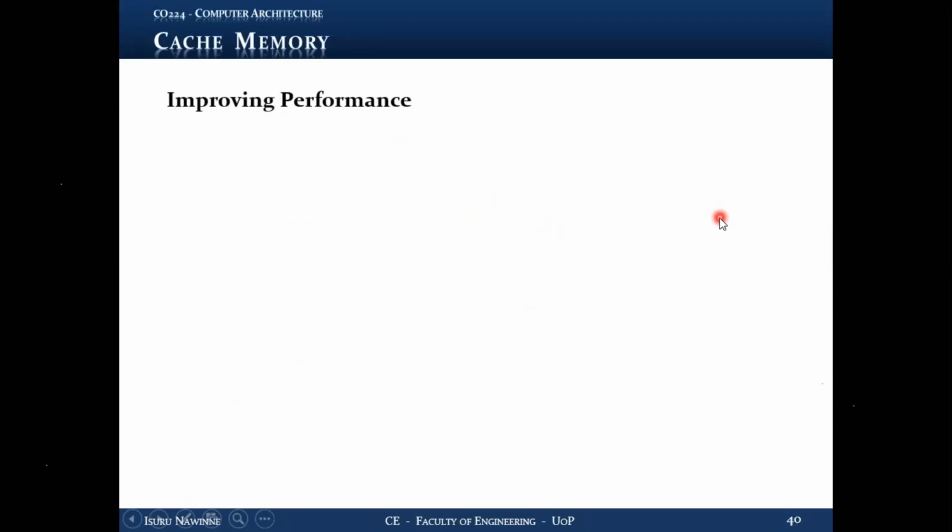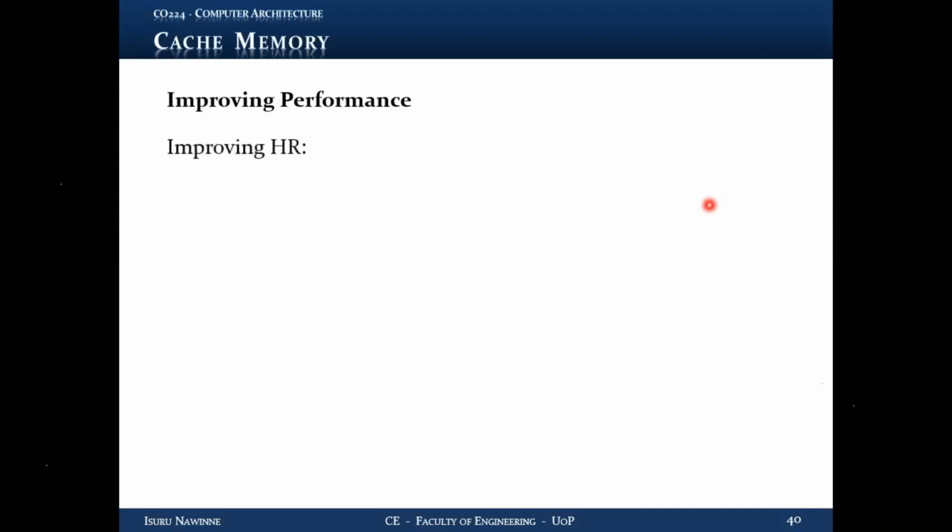Right. So far we've been talking about different ways to improve the performance, right? We had three terms in our cache access time equation: hit latency, hit rate, and miss penalty. So we tried to see how to improve hit rate.